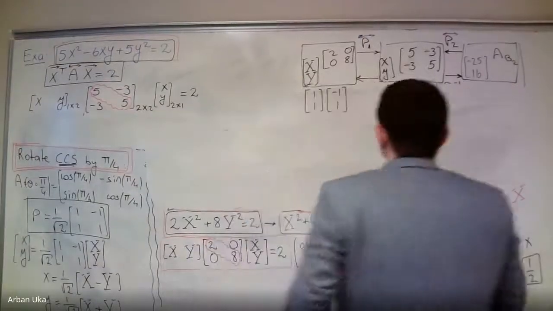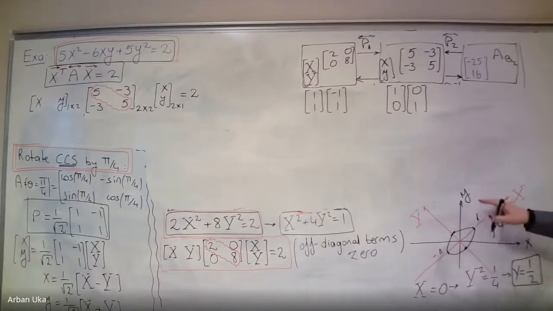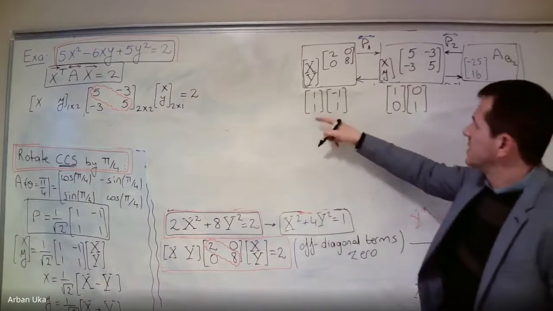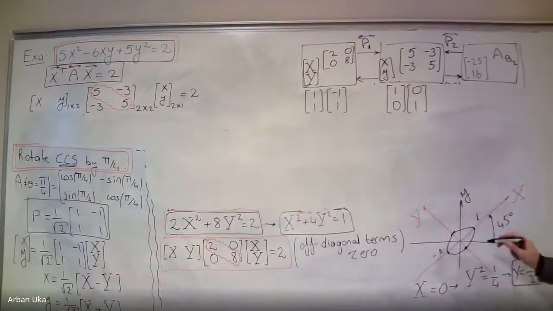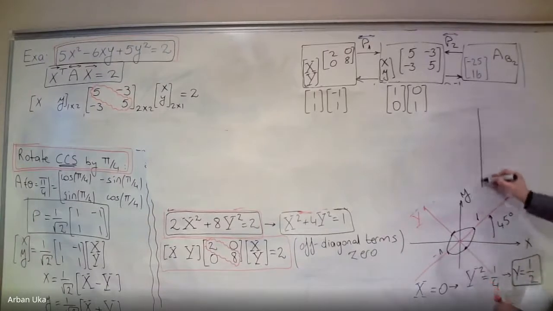So initially, in the standard basis, when we were talking about the small x, the capital X and Y, the basis was 1, 0, 0, 1, right? Now, the new basis is 1, 1 and minus 1, 1. Where is this on the graph? Maybe it's best if we do it like this.